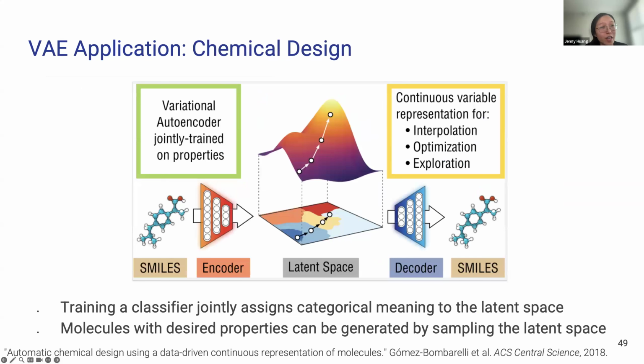Another application is chemical design, from a pretty early work in 2018. Basically, you can use a VAE to explore new chemical designs. You can learn this latent space, and based on the region you're interested in modifying, you can tune its properties to generate new molecule designs with the features you want.